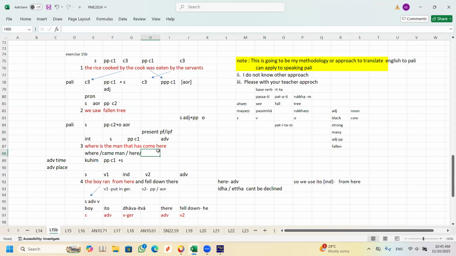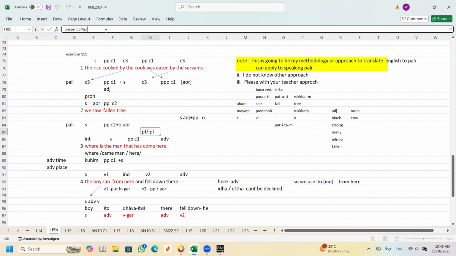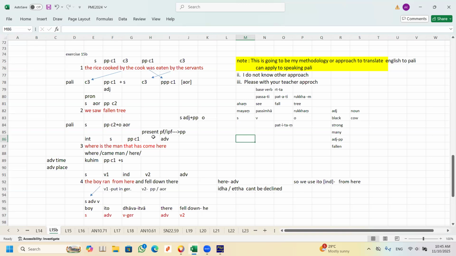Whether present perfect or imperfect, in Pali it has to be a past participle. So you change the English present perfect, past perfect or present imperfect to a past participle.